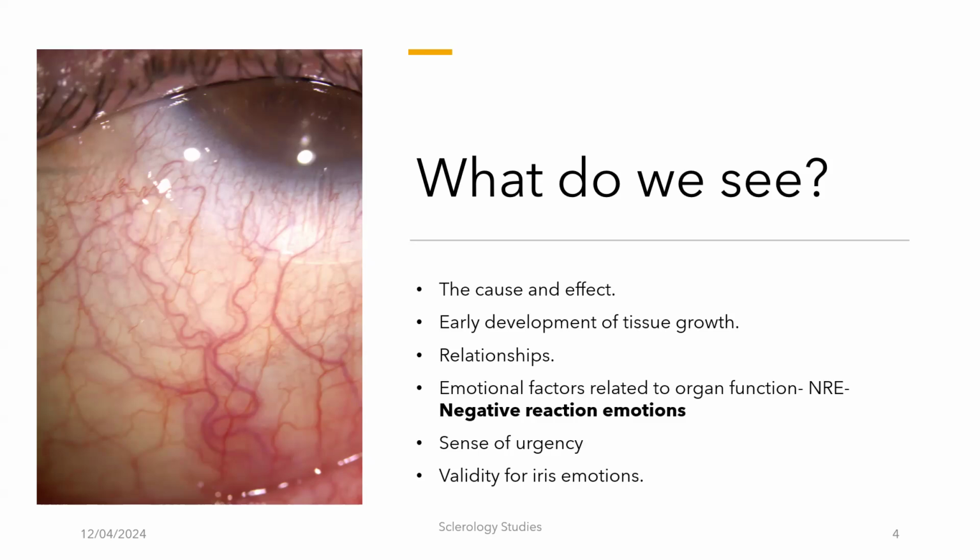We do see a sense of urgency when we're looking at the sclera. We can look at the markings, and based on the thickness and the color, we know it's time to start moving in a direction. I don't know about you, but I know my limits as an iridologist.